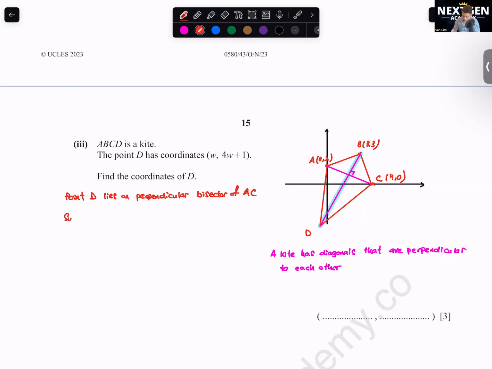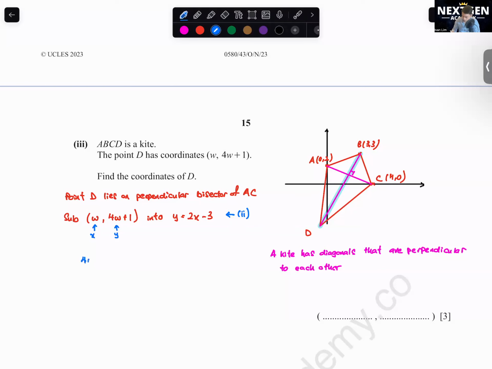So we need to substitute these two values. This is x and this is y into the perpendicular bisector, which is y equals 2x minus 3. This is from question 2. Okay, sub it inside. And this is x and y.